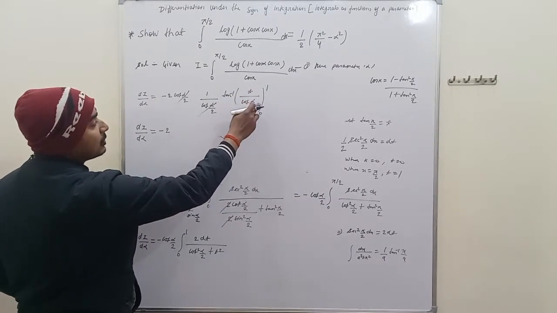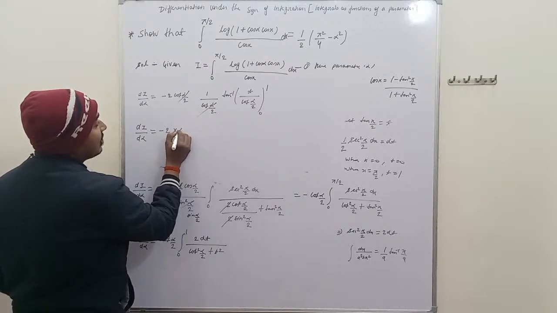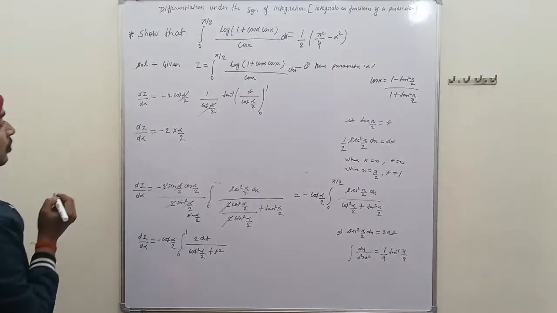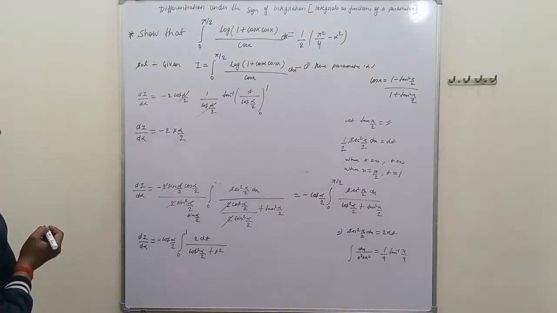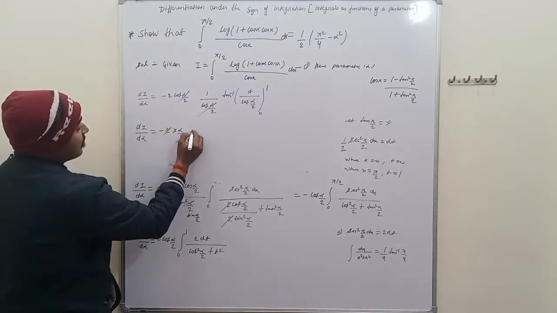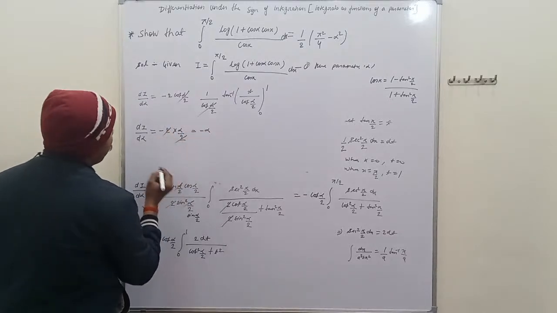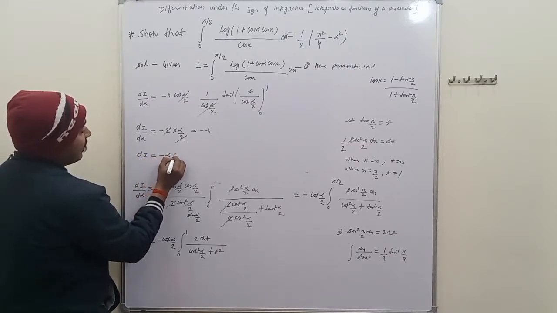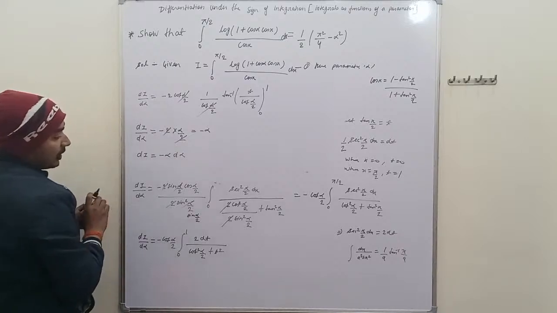Tan inverse of tan alpha by 2 gives alpha by 2, and tan alpha by 2 is cancelled. From here we can also cancel, and dI by d alpha is equal to minus alpha.